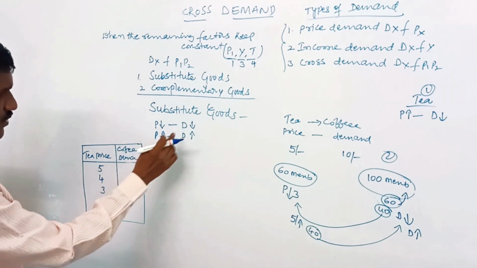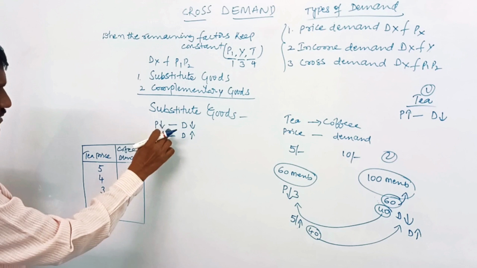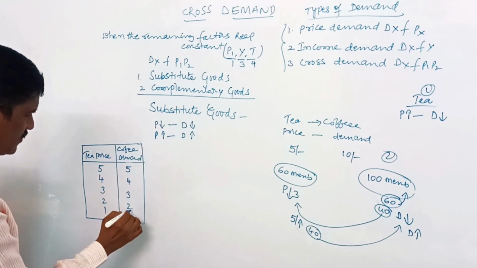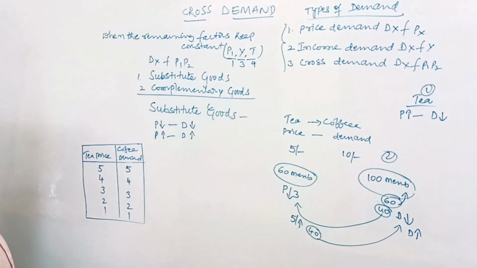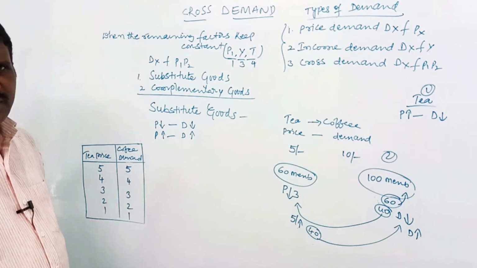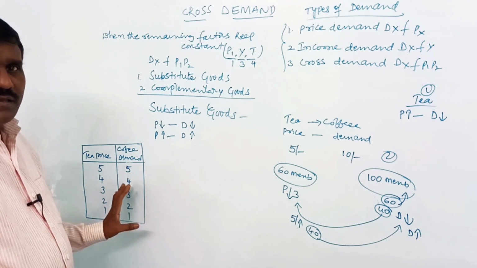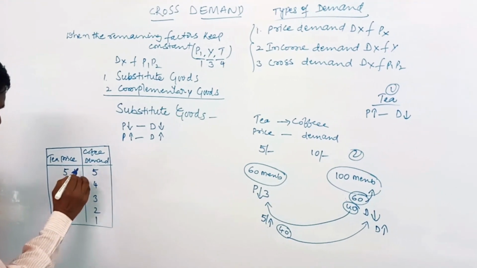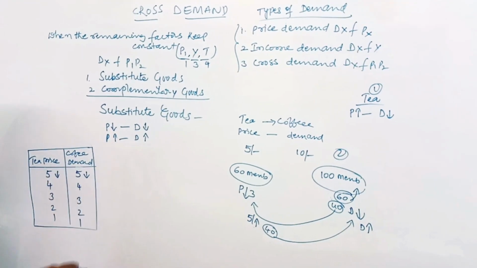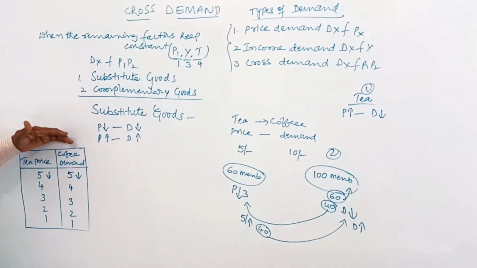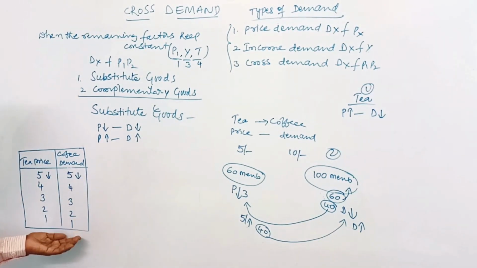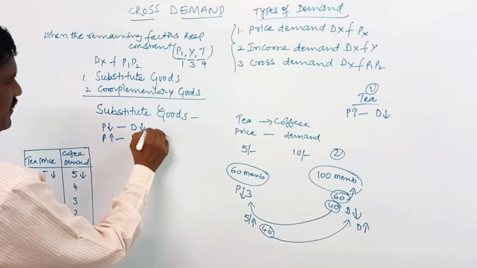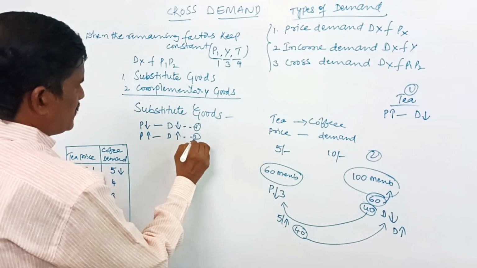Then coffee demand also reduces: same numbers, 5, 4, 3, 2, 1. Okay? Or you can take different numbers, but the process should be the same. Price decreases and coffee demand also decreases. When we go from top to bottom, this action is applicable. When we go from bottom to top also, this action is applicable. This is the first equation. This is our second equation.